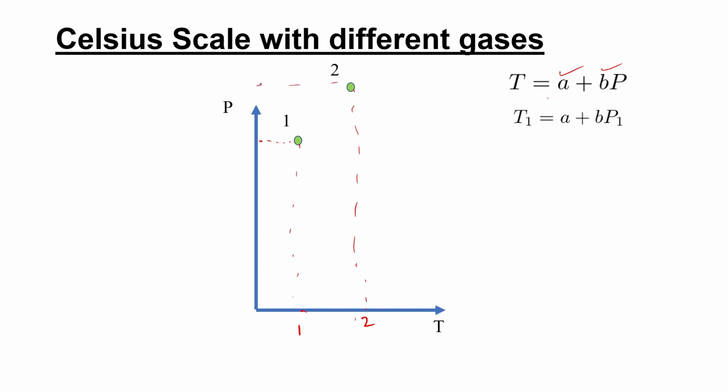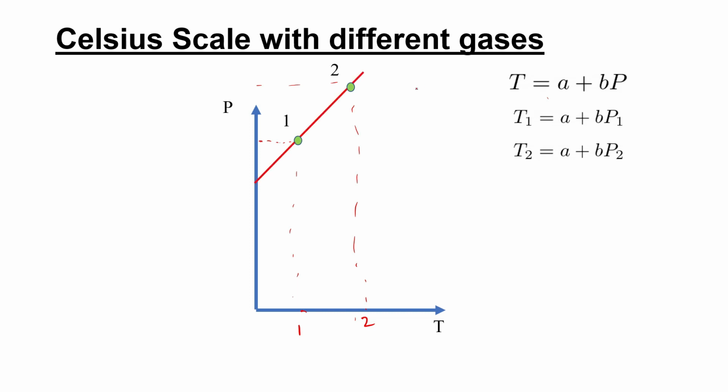So you can write T1 is equal to A plus BP1, then T2 is equal to A plus BP2. So corresponding to state 1 and state 2, that is T1 is equal to A plus BP1, T2 is equal to A plus BP2.